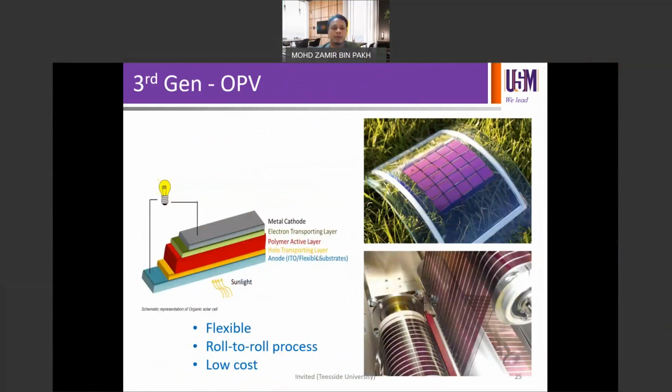So you need to have electron transport layer and hole transport layer, and then normally it's deposited on glass and or plastic. Okay, so you can see here an example of flexible organic solar cell, and this is a roll-to-roll process which enables fabrication of flexible solar cells, which is lower in cost in comparison to other processes.